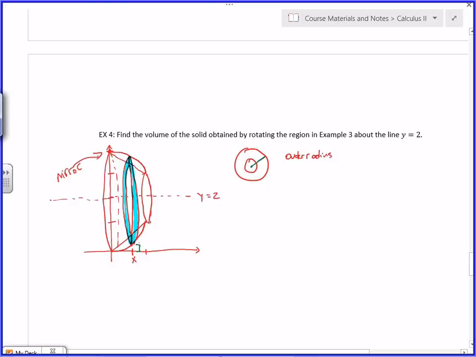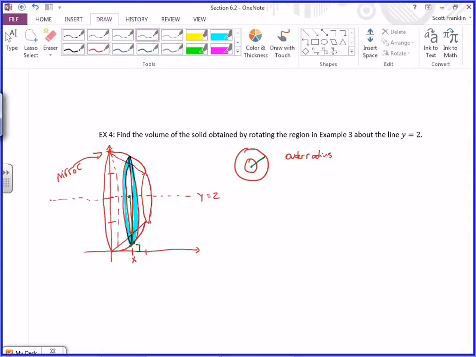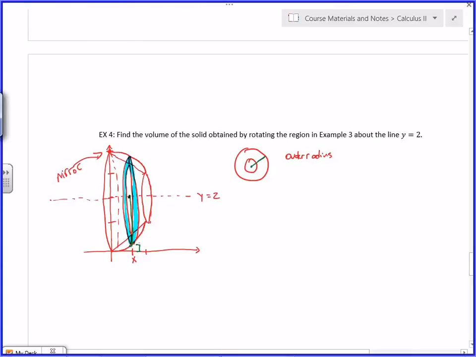That is, I need to measure from here all the way down to this curve here. 2 minus x squared. Yep, that's exactly what it's going to be. I'm going to do that one more time so you can see it. I'm going to go from this point in black all the way down to that curve. So how far is that distance right there?